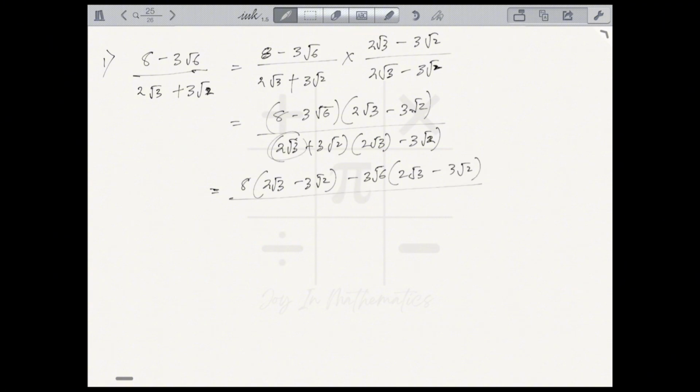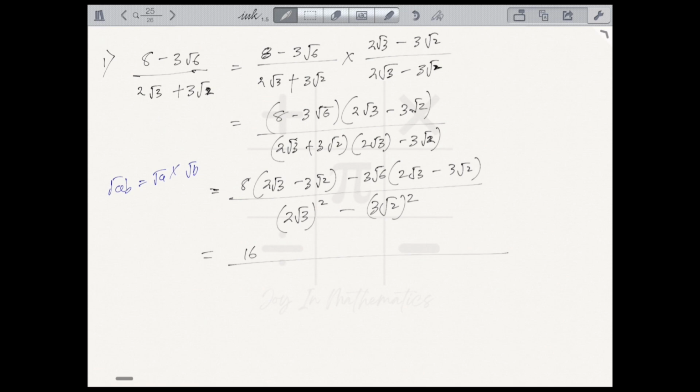And the denominator now, since they are conjugates, like we explained in the conjugates video, will result into 2 root 3 squared minus 3 root 2 squared. We subtract the square of the second term from the square of the first. Now back to the numerator, we apply the rule of surds. The rule of surds is root AB is equal to root A multiplied by root B. Okay, let's just skip steps, I'm avoiding this to make sure that this video is not really long.